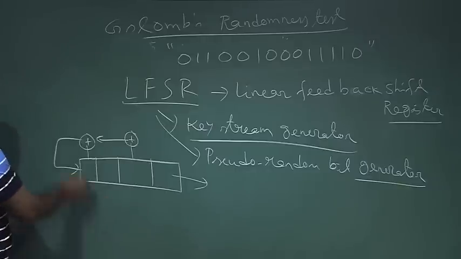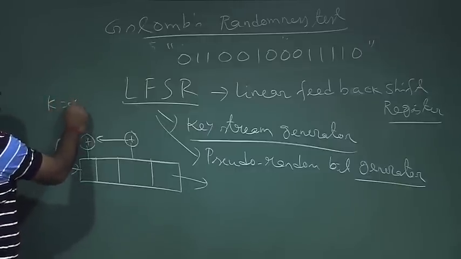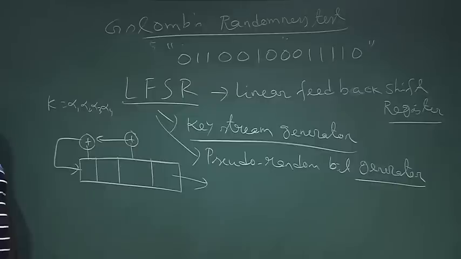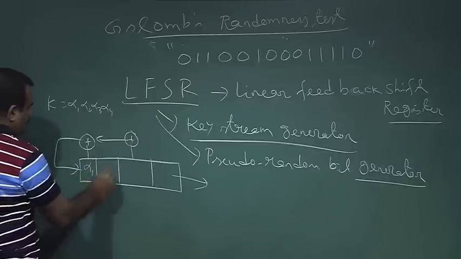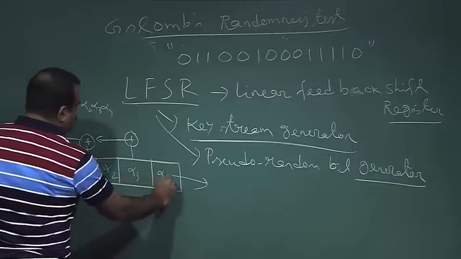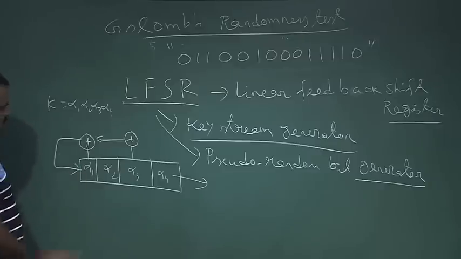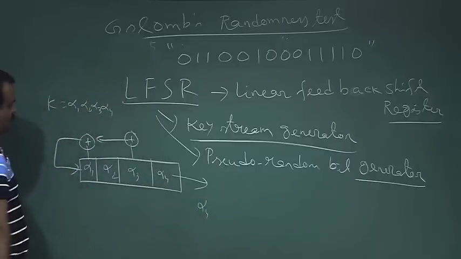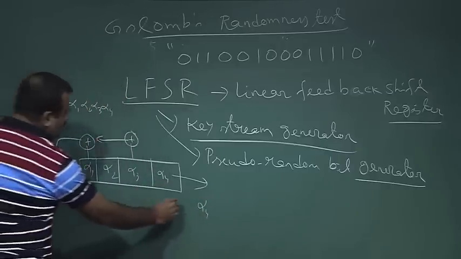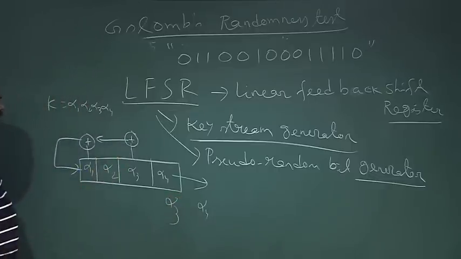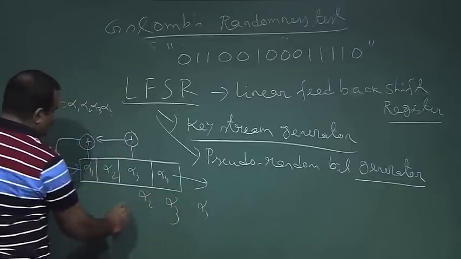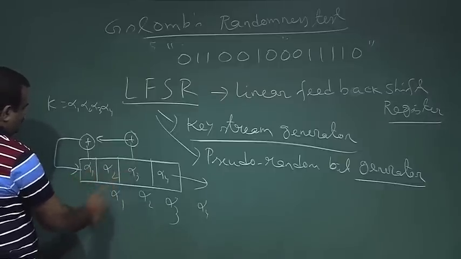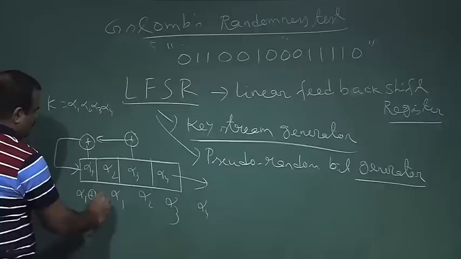Say the shared key is alpha 1, alpha 2, alpha 3, alpha 4, which is the secret key shared between Alice and Bob. This is 4 bit. We put these values in and then run this LFSR. In the first shot, alpha 4 will come out, a bit 0 or 1, and the others shift: this will come here, this comes here, and this bit will be the XOR between this and this, which is alpha 1 XOR alpha 3.